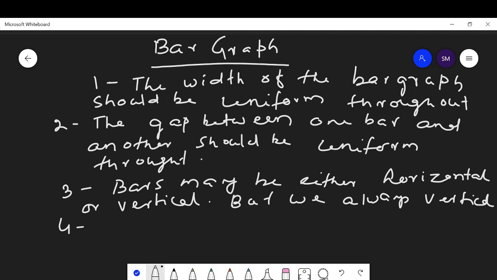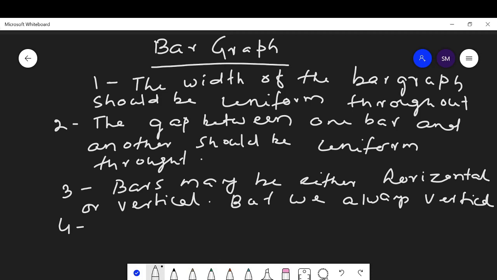Next, let us discuss some examples so that we can better understand what a bar graph is and how we can draw it. These are the points. The first point, the width of the bars should be uniform throughout.